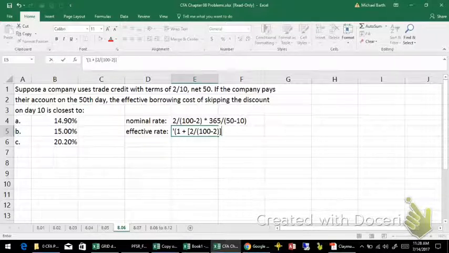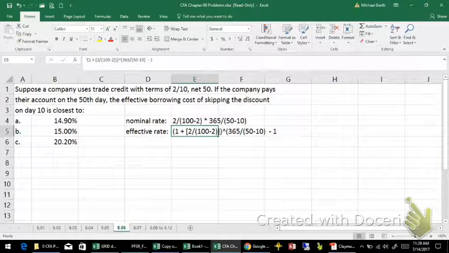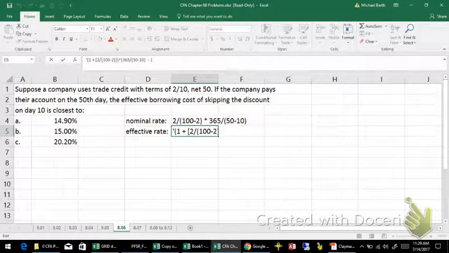That's the periodic rate, and then you raise that to the number of periods per year, 365 divided by 50 minus 10, and then subtract back out the 1. I left off a parenthesis.